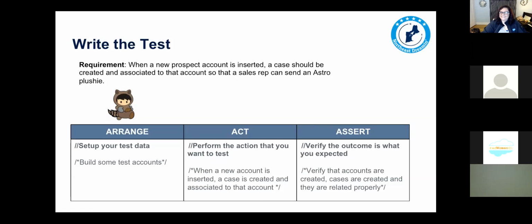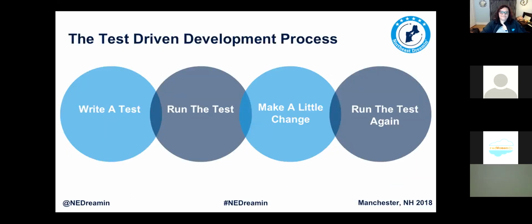Exactly. So the 4 bubbles we looked at a second ago: we write our test, we run the test, we write some code, and then we run the test again. Really the meat of the work in this TDD paradigm is in writing the test.